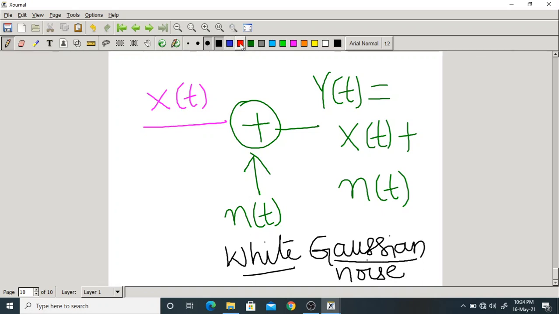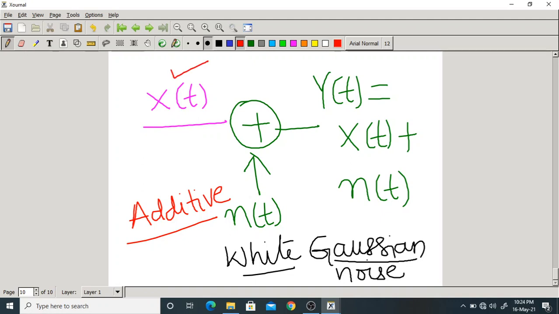And there is one more thing, that is called additive. Why additive? Because it is adding to the original signal. It is not multiplying with the original signal. It is not dividing or subtracting. This noise by nature is additive, which means it is getting added to the original signal x of t.